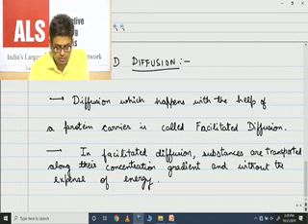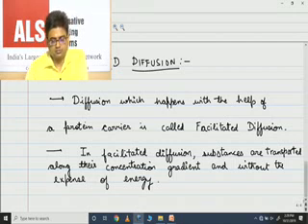Okay, so energy is not expended, and basically this is how it happens. Energy is not expended.